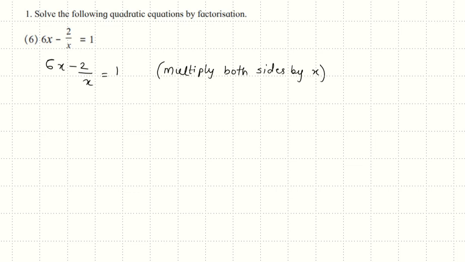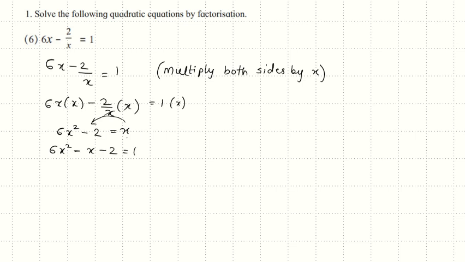So what we get? 6x into x minus 2 upon x into x is equal to 1 into x. What we get? 6x square, minus x gets cancelled, minus 2 is equal to x. Now arrange this in the standard form. 6x square, this x will come on the left hand side, it will become minus x, and this minus 2 will be as it is.